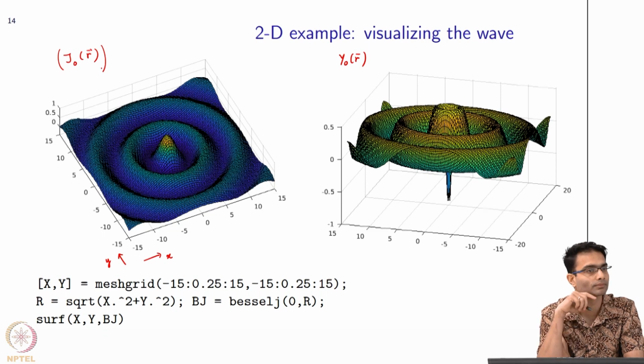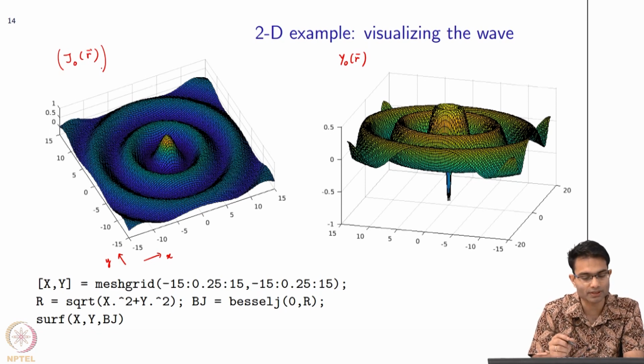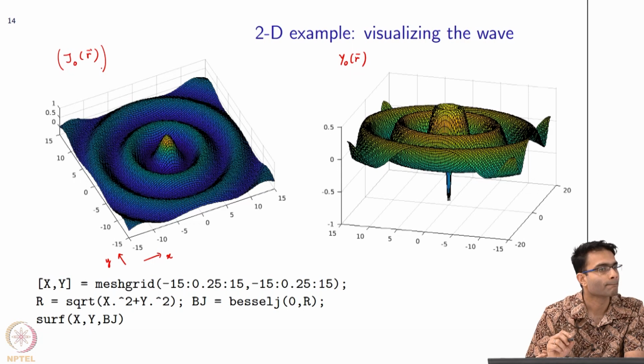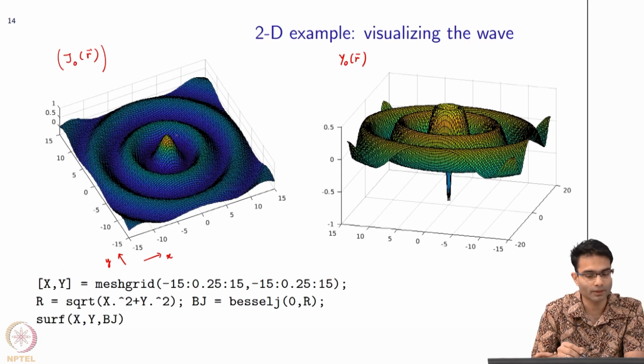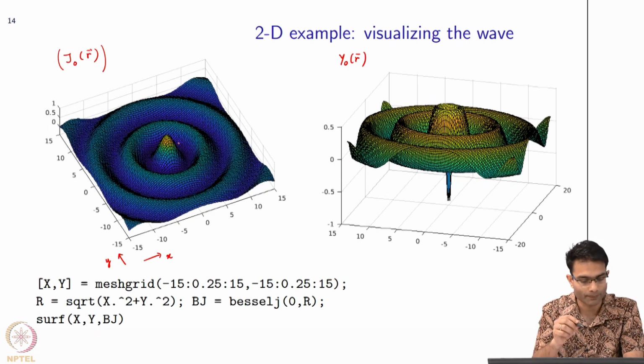J0 is a real valued function, it has a finite value everywhere. So you can see the maxima of this function is happening where? Origin, right, that is the maxima, yellow shaded over here, and it begins to decay as you go away from it, just like a wave.